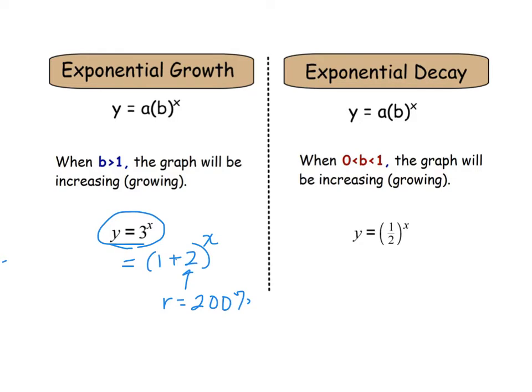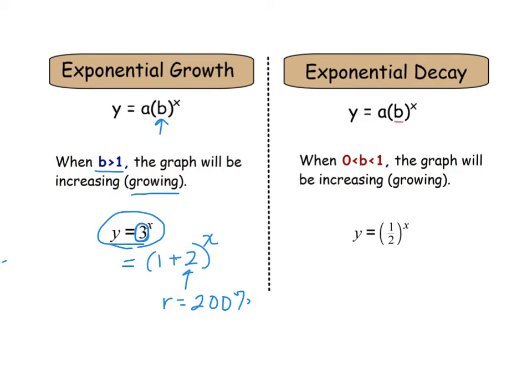So what we want to do is look at this base number once we have added. If that base number is greater than 1, we know it is increasing or growing.